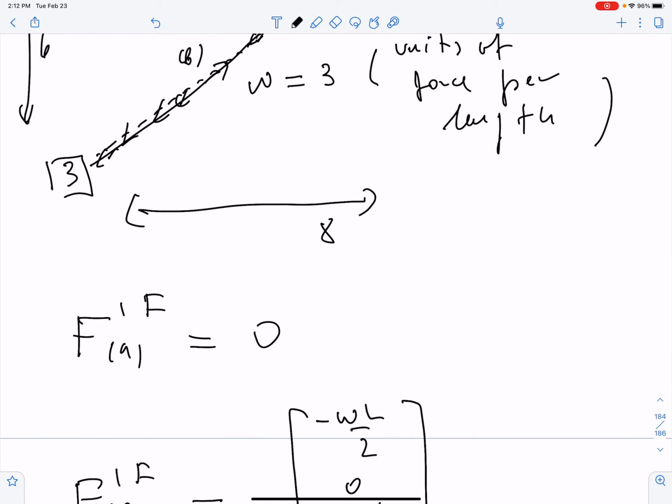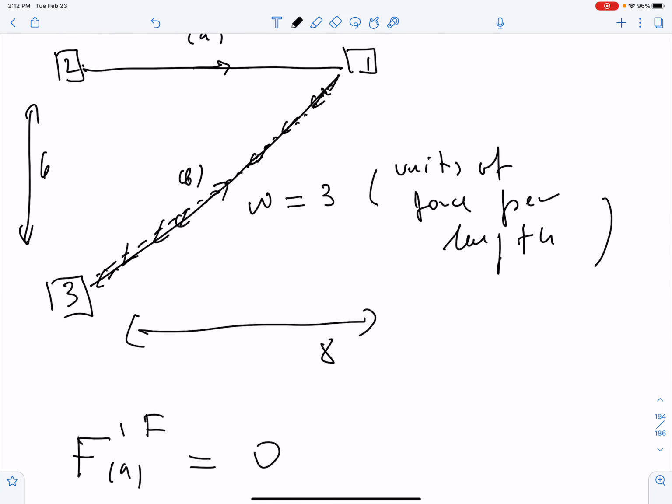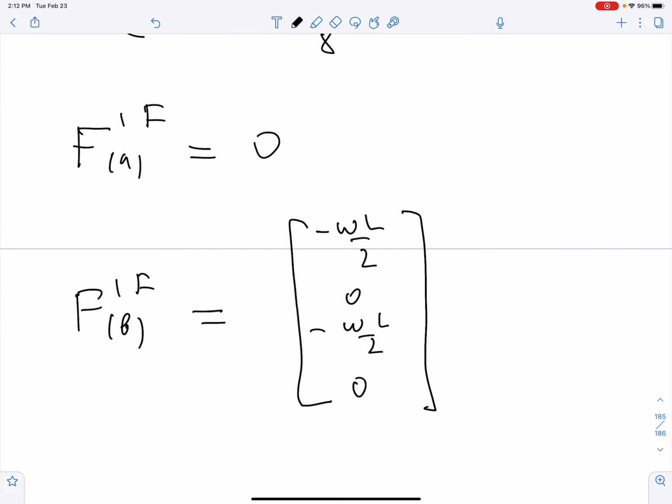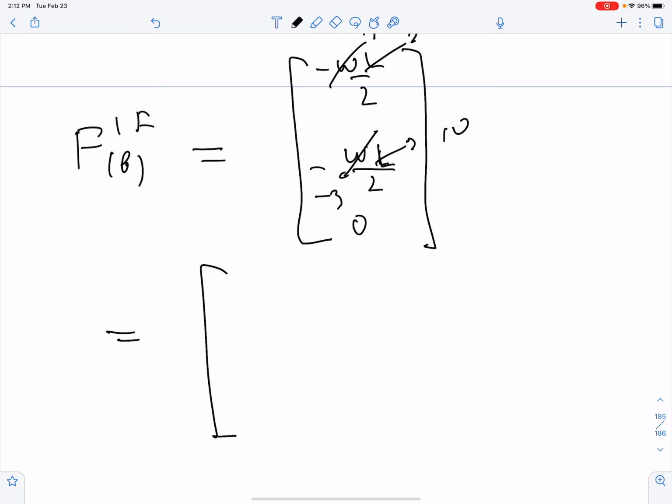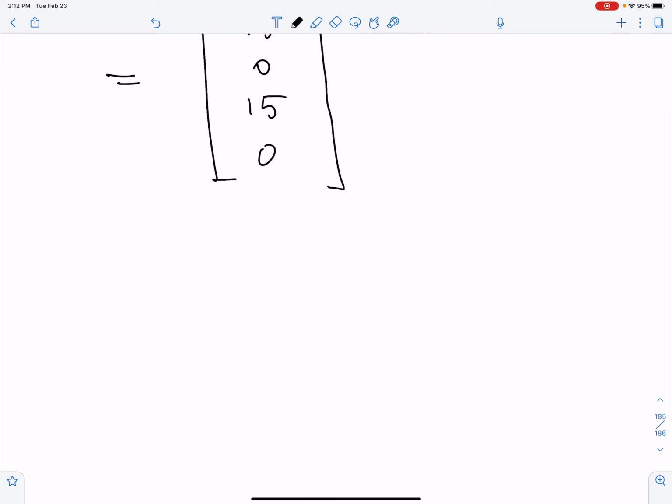W is pointing against the element orientation, so we need to take it as minus 3. L was 10 in our units, so the vector looks like this: 15, 0, 15, 0.